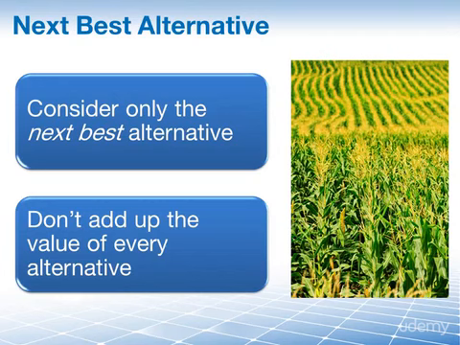Wouldn't make any sense. You only have 1 acre. The choices are assumed to be mutually exclusive. So you only look at the next best alternative as your opportunity cost, which in our example was corn. So you consider only the value of the missed corn harvest as your opportunity cost because you chose to plant rice.